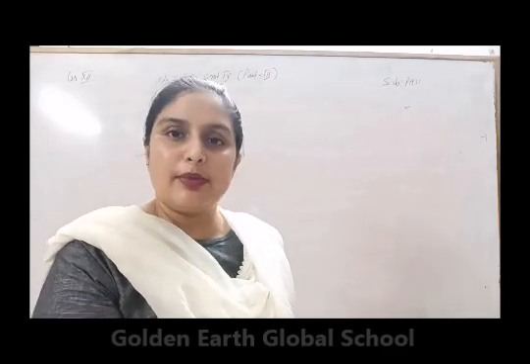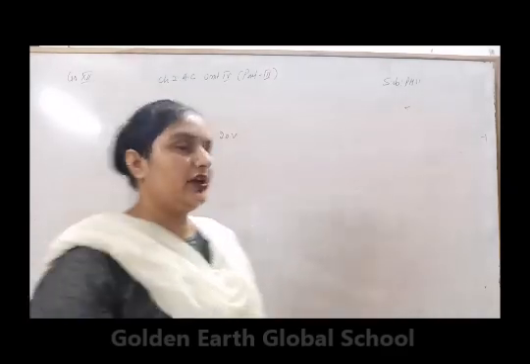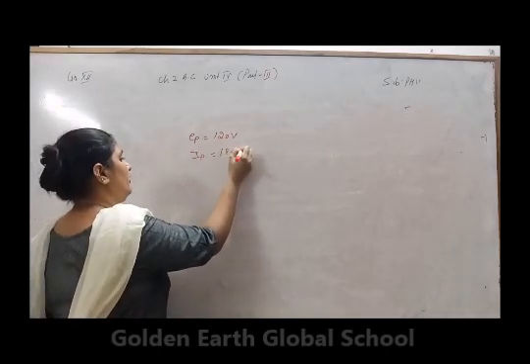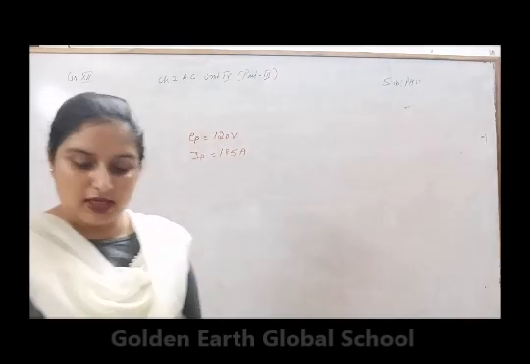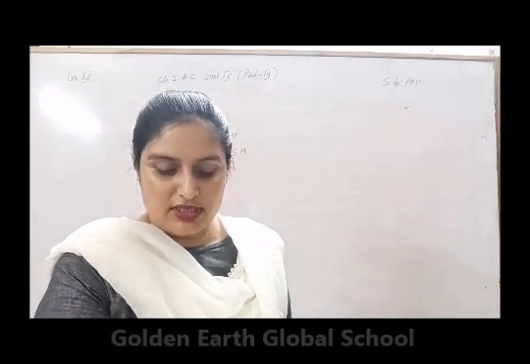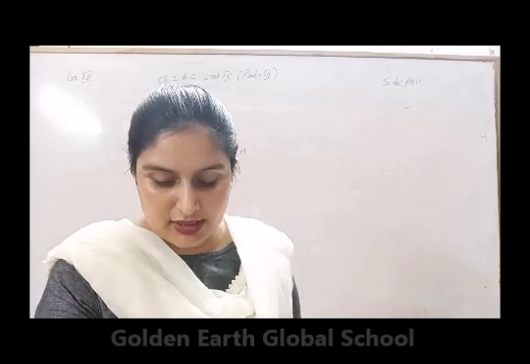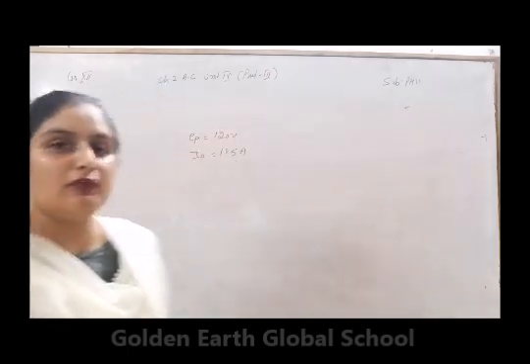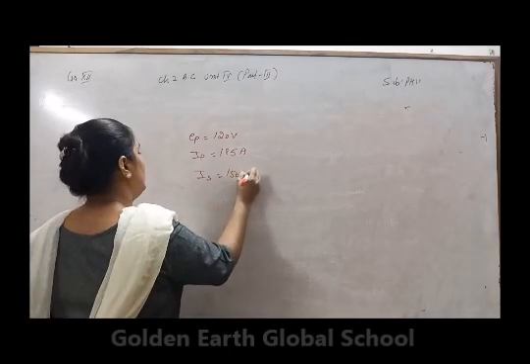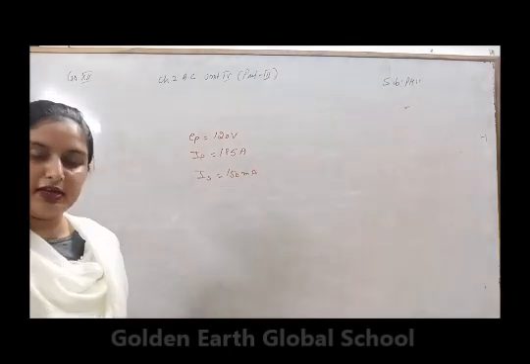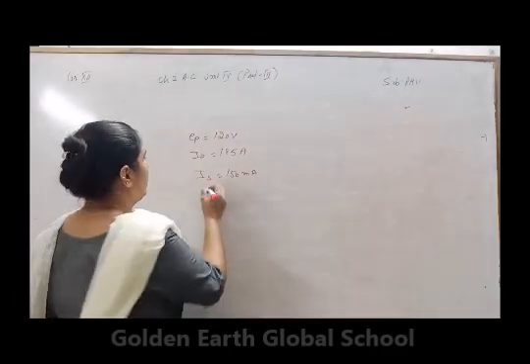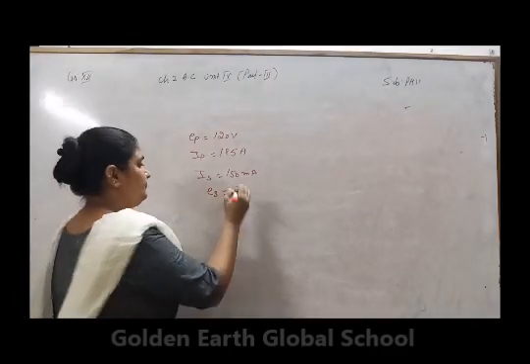The current in the primary is 1.85 ampere, means IP is 1.85 ampere. This is the current in the primary coil. Find the voltage across the secondary coil when it delivers a current of 150 milliampere. IS is 150 milliampere.